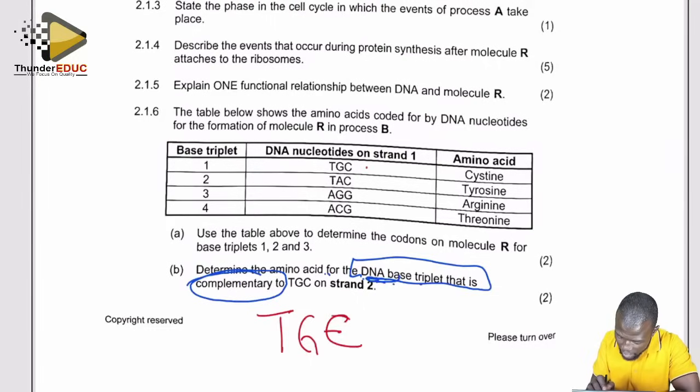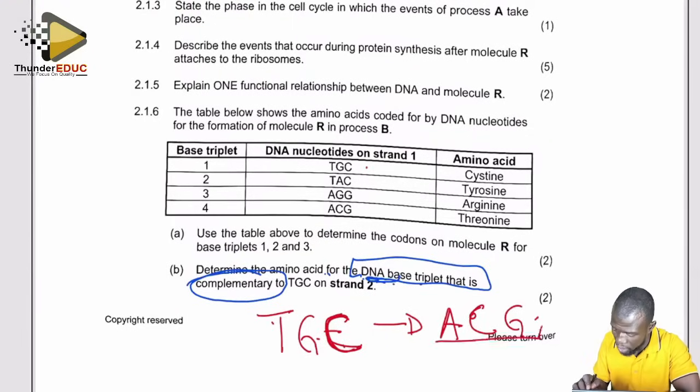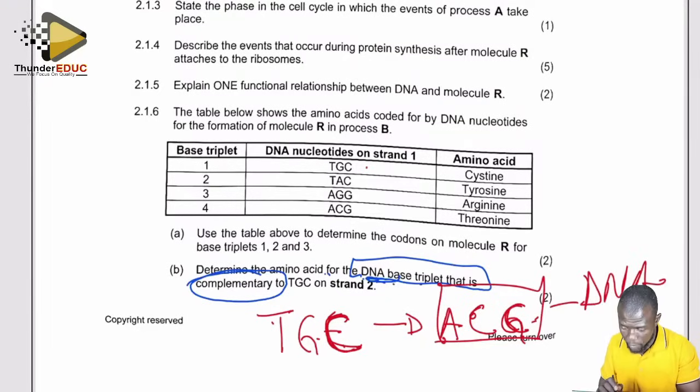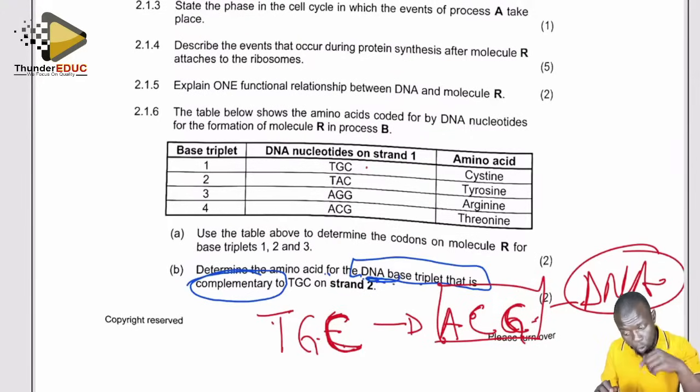This is C. So what is the complement of this? T goes with what? Goes with A. G goes with what? G goes with C. C goes with what? With G. So it means that this is still DNA. It's not messenger RNA, because what is given here is DNA.